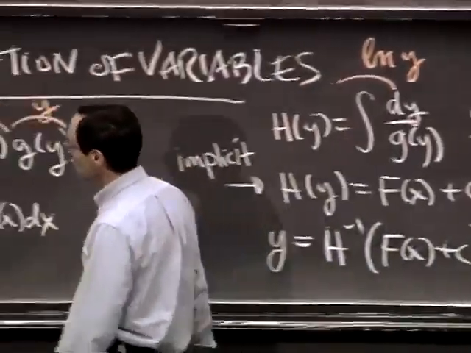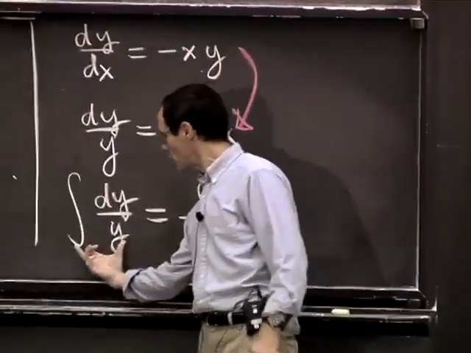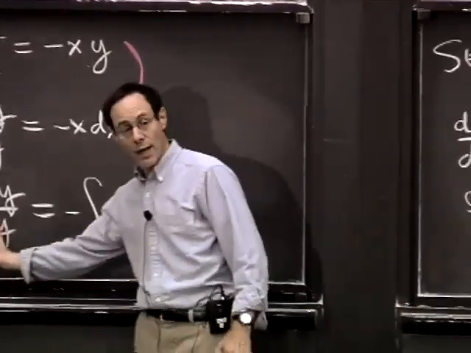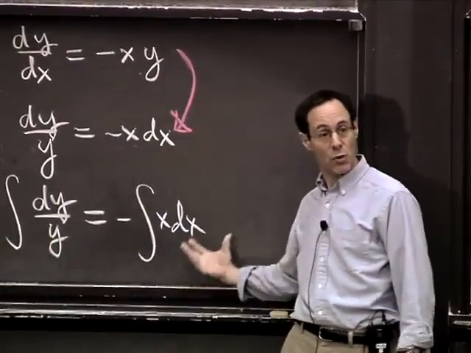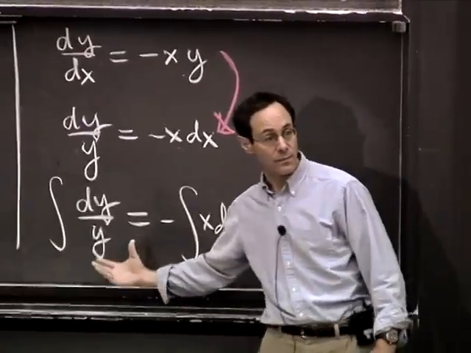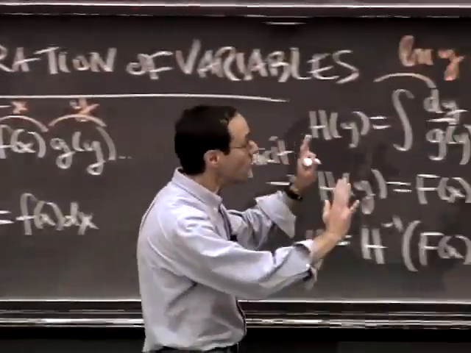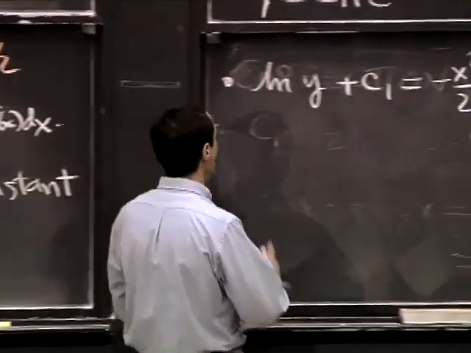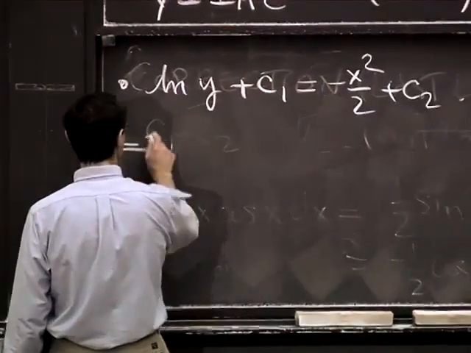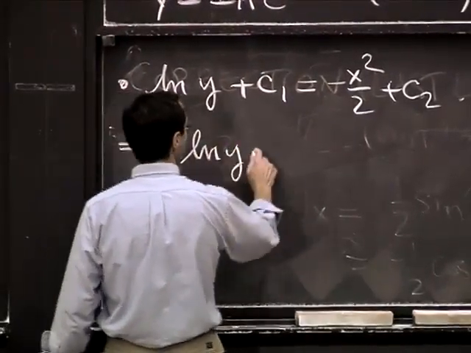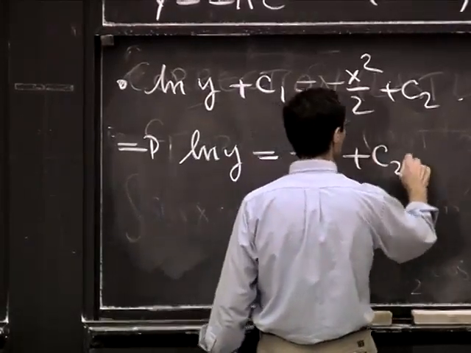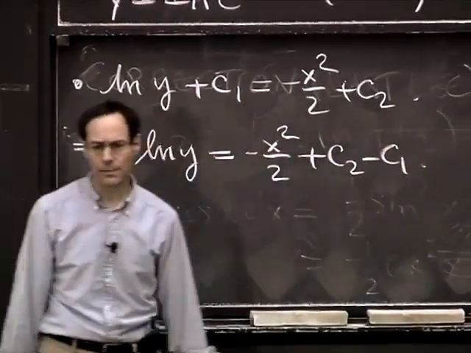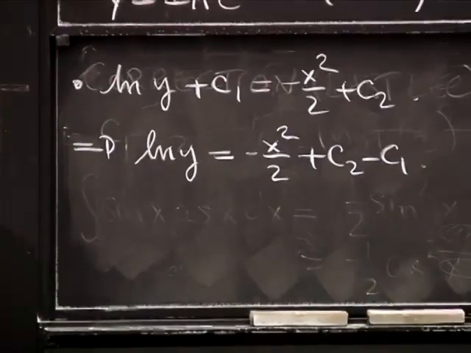When I'm faced with this anti-differentiation, I just taught you last time that you want to have an arbitrary constant in both slots. So I perfectly well could have written this down. But notice that I can rewrite this as log y is equal to minus x squared over 2 plus c2 minus c1. I can subtract.